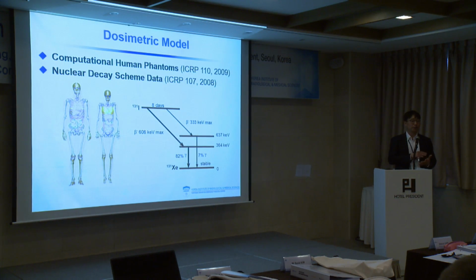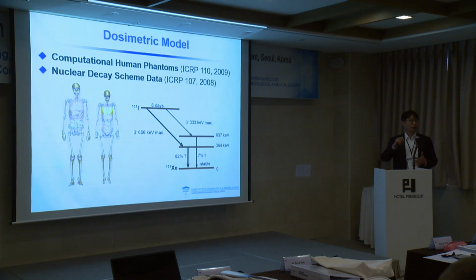The reference computational human phantom is the voxel-based phantom in ICRP Publication 110, and the nuclear decay data are provided from ICRP 107. By using these data, we can calculate the S value to determine the dose coefficient.